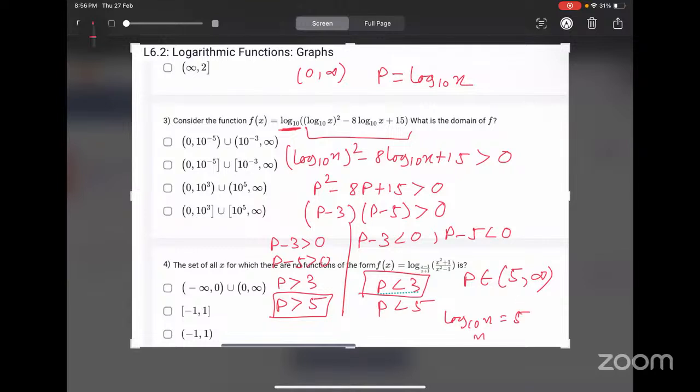That means x is 10 power 5, right? That means x will be either in the interval 10 power 5 to infinity or in the interval 0 to 10 power 3.